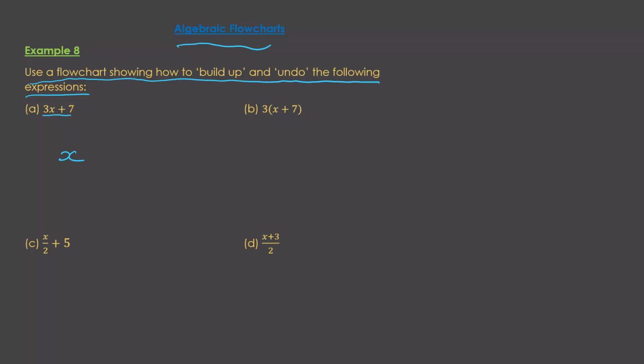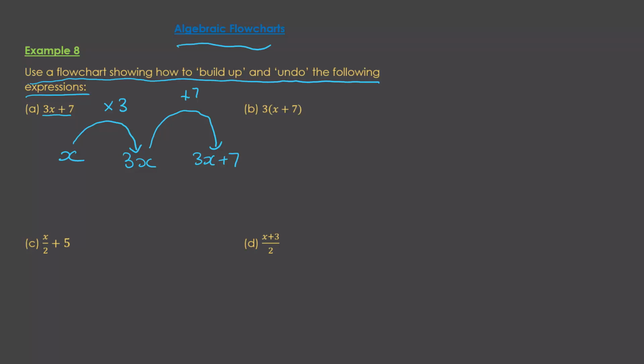The first thing that happens to x here is that it gets multiplied by 3. And that gives me 3x. Then we add 7, which gives me 3x plus 7. So we've built the expression.